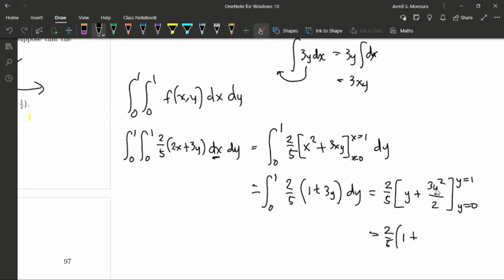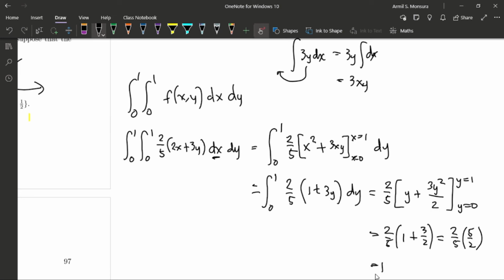So simply, that's 3 halves minus 0. So that gives us 3 halves. Now, simplifying this, we will have 2/5 multiplied to (1 plus 3 halves), which is 5 halves. And 2/5 times 5 halves equals 1.